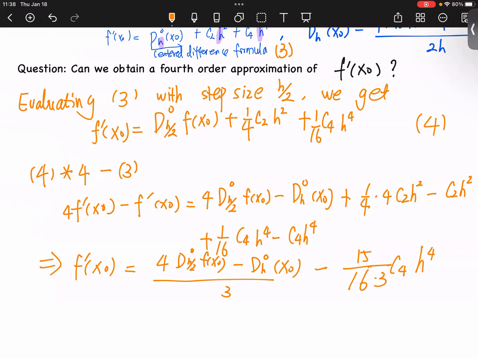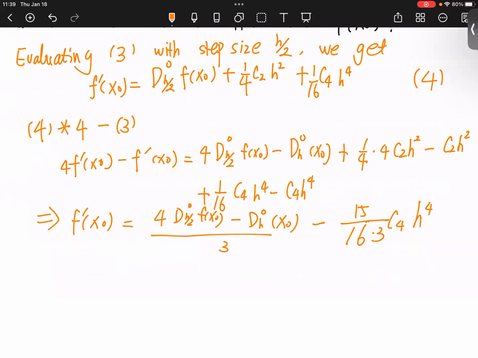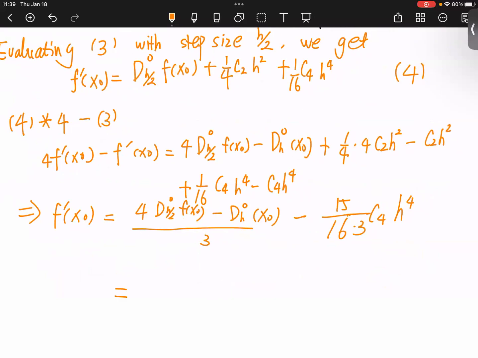This means that this equation lets us approximate the first derivative with this formula, and the error is fourth order. So now, what does it mean? We can write it in this way. This is the equation.